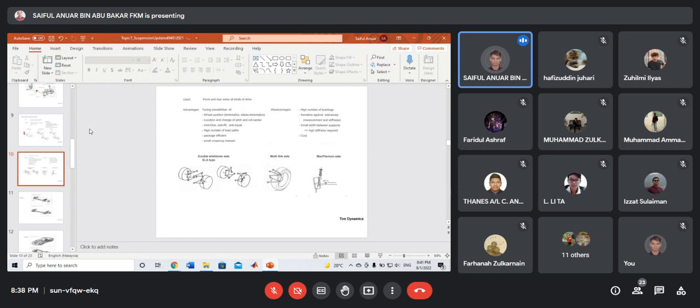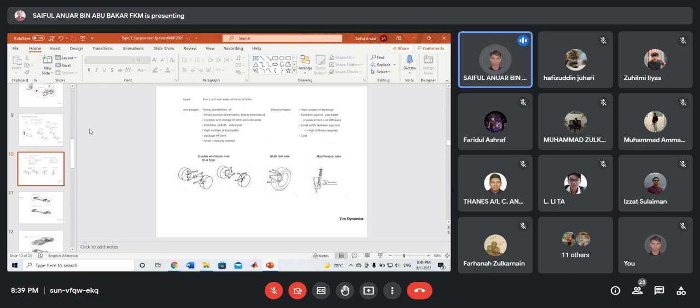And then the most famous type, the third one, is the independent suspension system, and the most common one commercialized in passenger cars is the McPherson strut. Other than that, we also have the SLA type and multi-link axle.